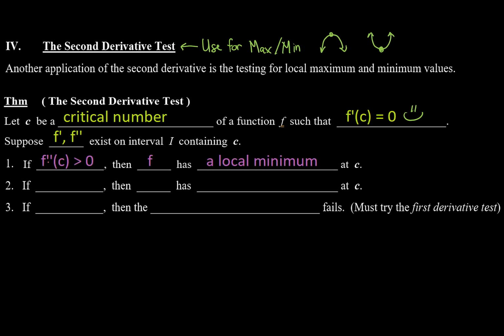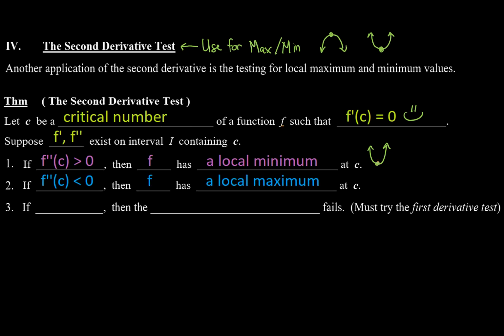If the second derivative is positive, then f has a local minimum at C. So if it's concave up, I've got a minimum. If the second derivative is negative, then f has a local maximum at C. As we were saying before, if it's concave down, it's going to be a maximum.